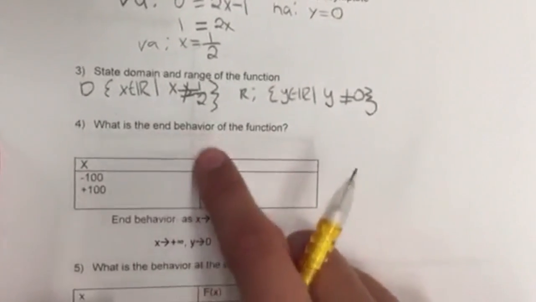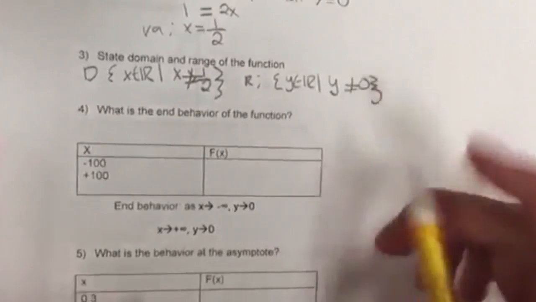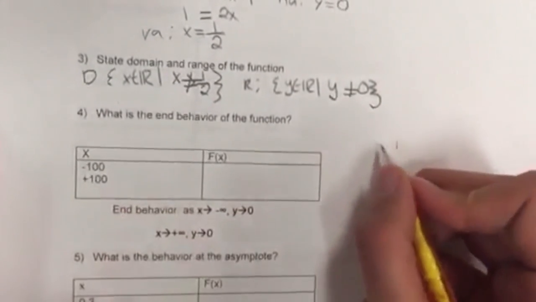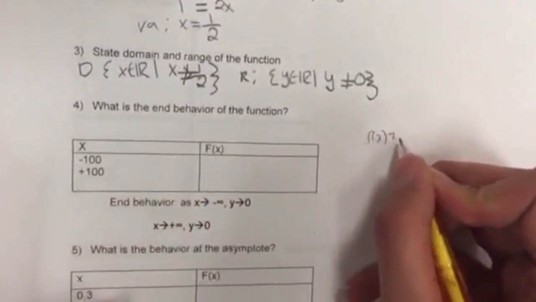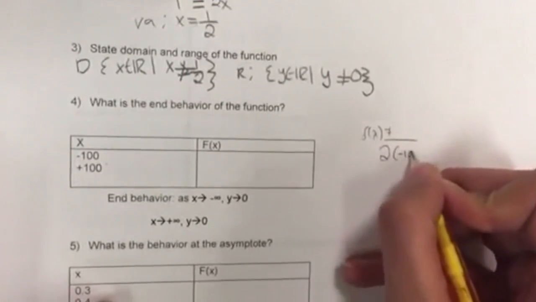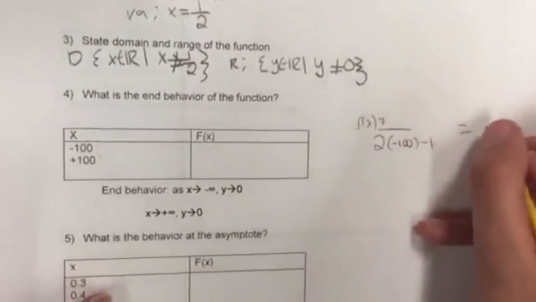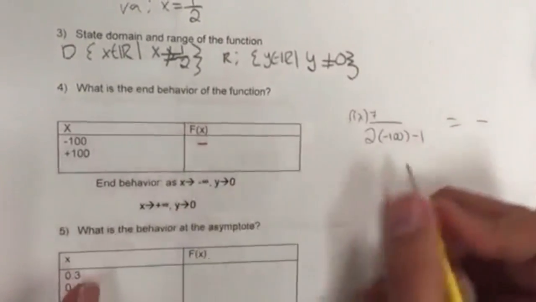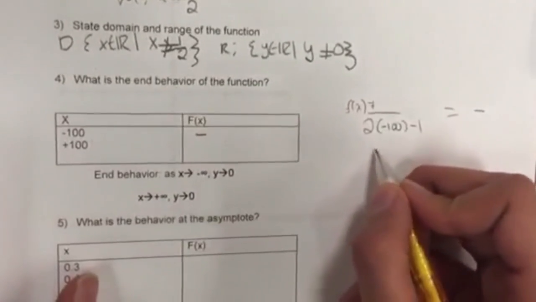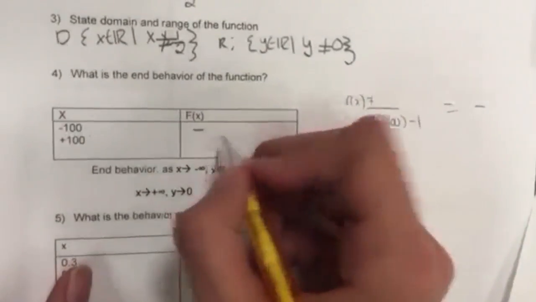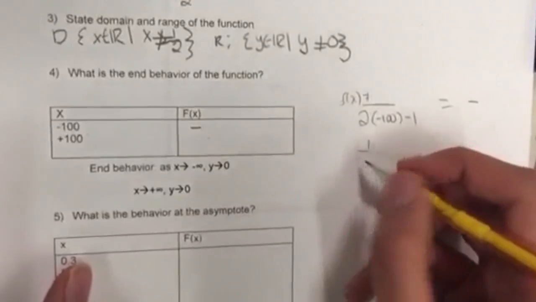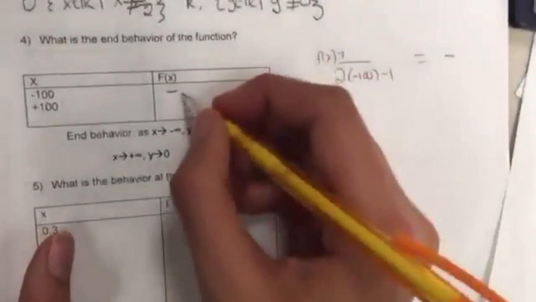End behavior, what is the end behavior of the function? Remember, end behavior is the behavior of the function at the horizontal asymptote. So we're just going to plug these 2 points in. So f of x is equal to 1 over 2 times negative 100, minus 1. That will give you a negative number, and 1 over a negative number will give you a negative number close to 0.